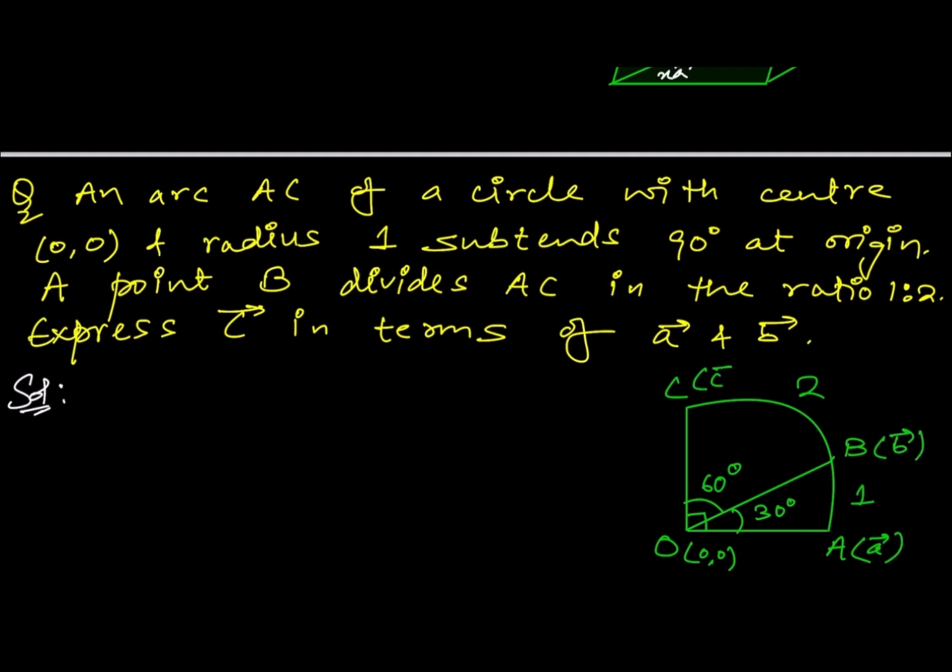Now what we have to do? We have to express vector C in terms of A vector and B vector. Also we can see A vector, B vector and C vector are coplanar vectors.